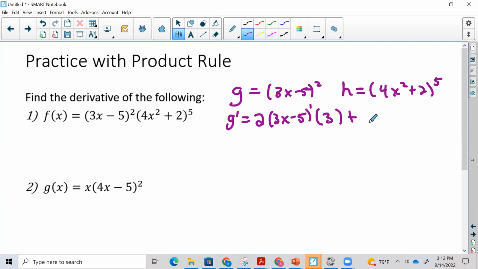And then for this, we do the same. I'm just doing these on the side. h prime is, we bring down the 5, we keep the inside the same. It comes to the 4th power because 5 minus 1 is 4, and then we multiply by the derivative of the inside, 4x squared plus 2, which is 8x.